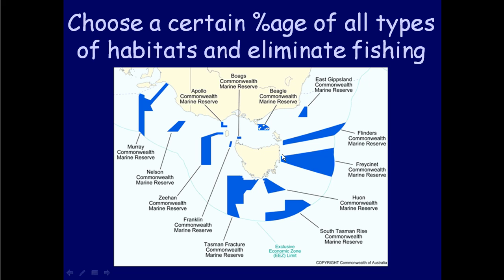You can see that they don't go all the way up to shore, and that's probably the 3 nautical mile limit. So these are more open ocean reserves. Close to shore, you need to set up another network that would include a representative portion of all the habitats along these shorelines.